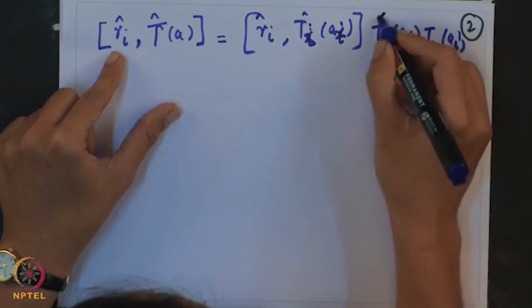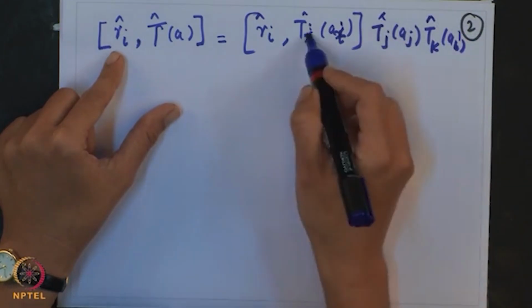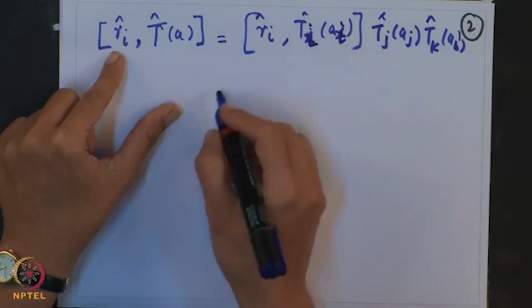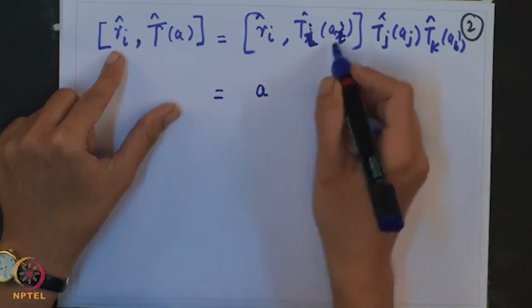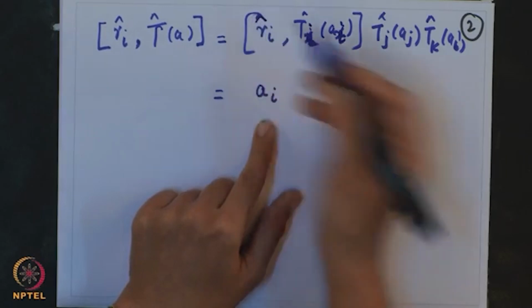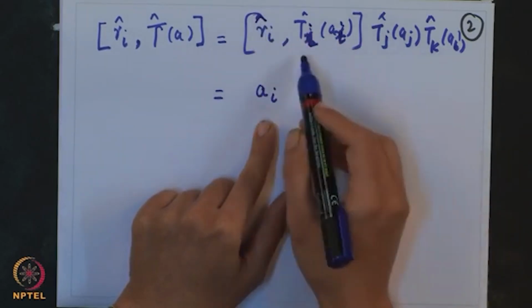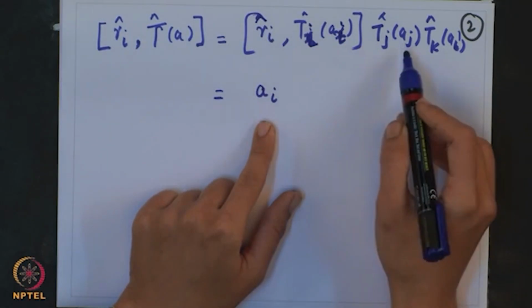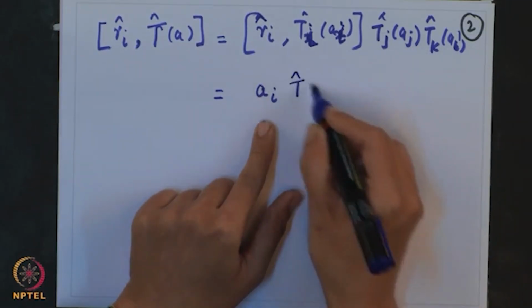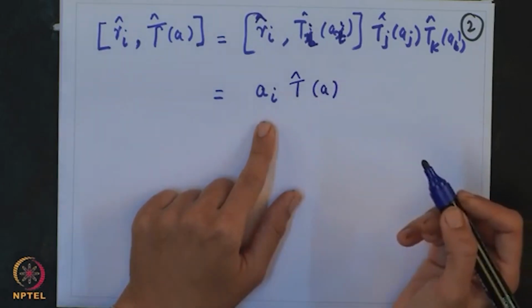These, remember, are operators and we need to denote them by a cap. So, this is ai times Ti(ai), Tj(aj) and Tk(ak), which will give me back this term.